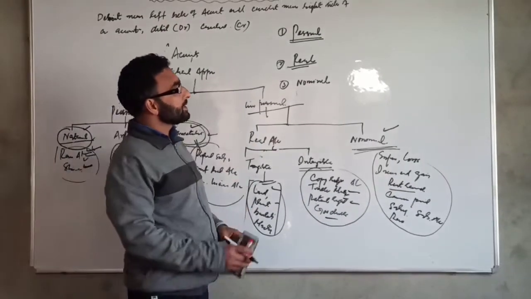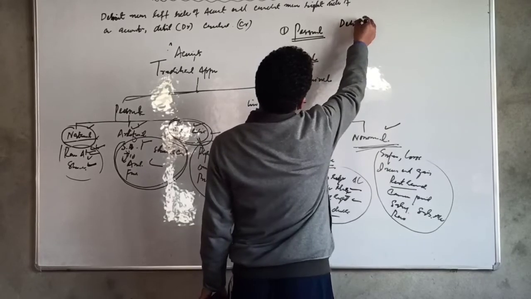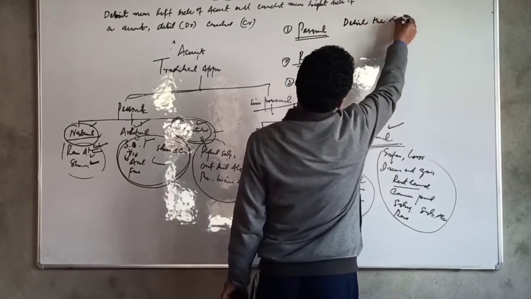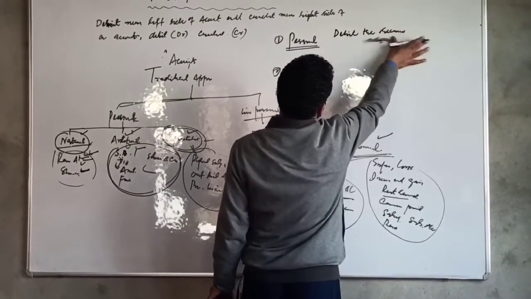The rule for the personal account is here: debit the receiver and credit the giver.